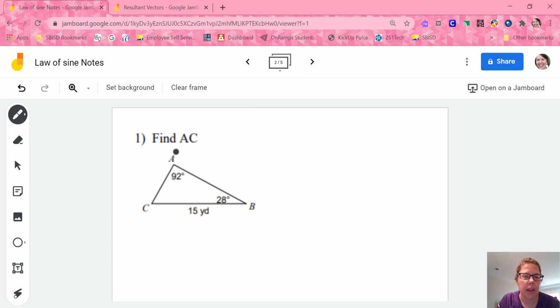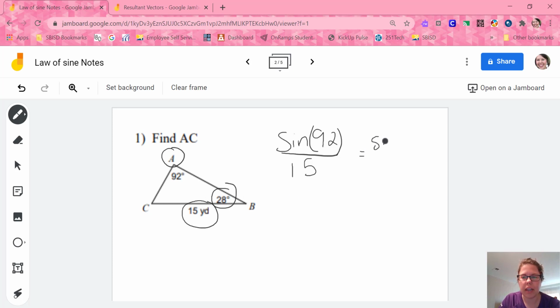Here we have angle A and its matching side across, so we have at least one matched set. And so we can set up our problem. Sine of 92, the angle measure, goes inside, over 15 is equal to sine of 28, because that's an angle measure, over the side we're trying to find, AC.